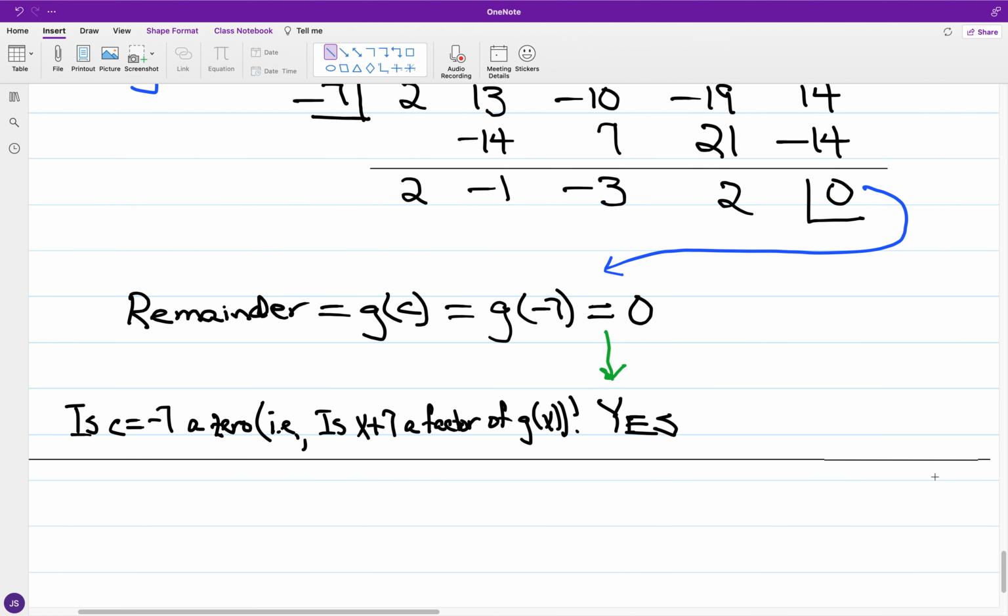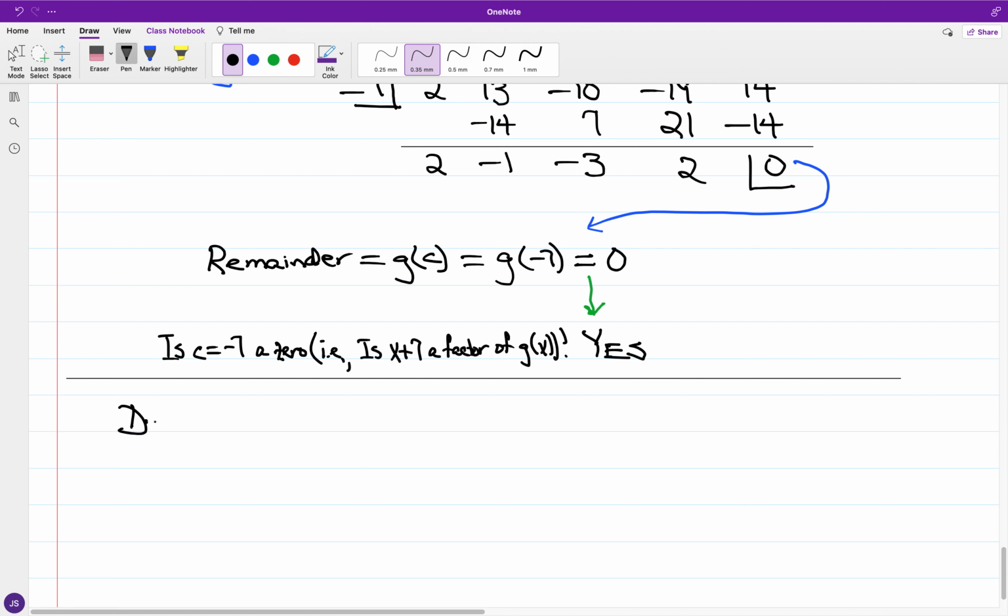And we have for this part determining factors of polynomials from given zeros.